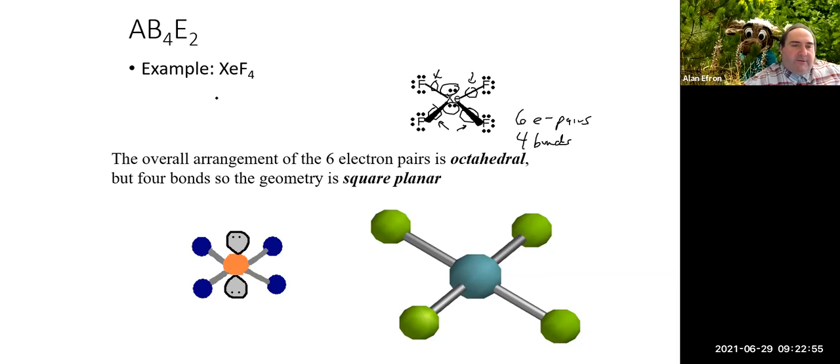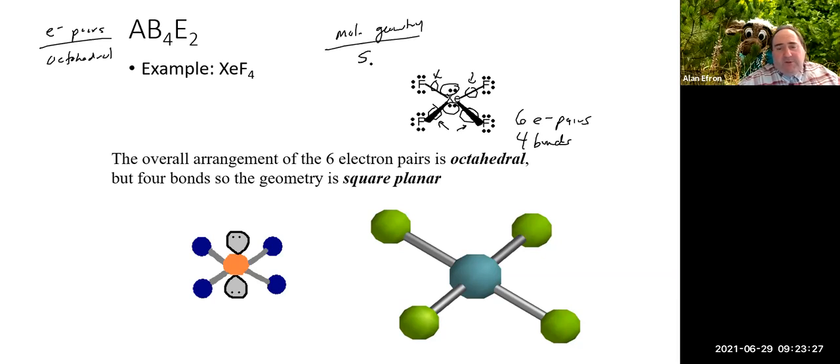Our 6 electron pairs, again, that name does not change. It is still going to be octahedral in terms of the way the electron pairs are arranged around the central atom. But here again, we have bonding electrons near bonding, non-bonding near bonding, and non-bonding near non-bonding electrons. Because of the presence of these 4 bonds with the 6 electron pairs, the molecular geometry ends up being a shape known as square planar.